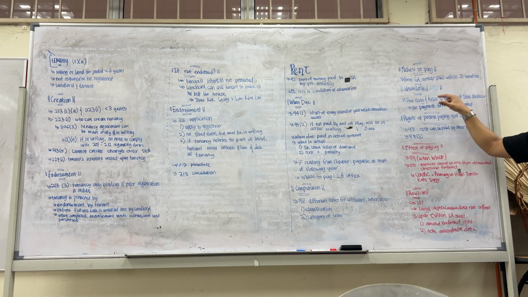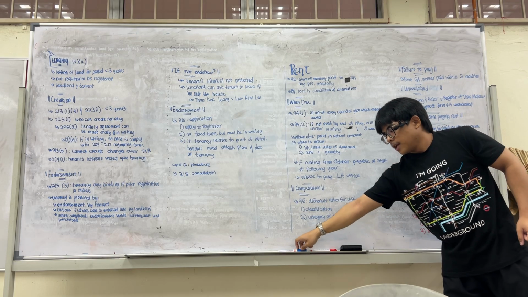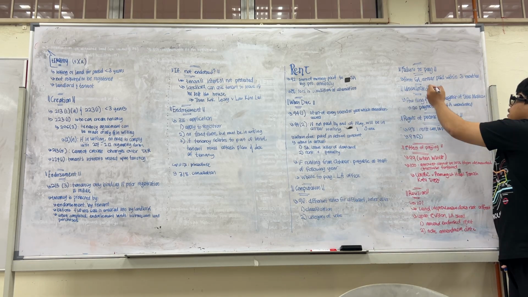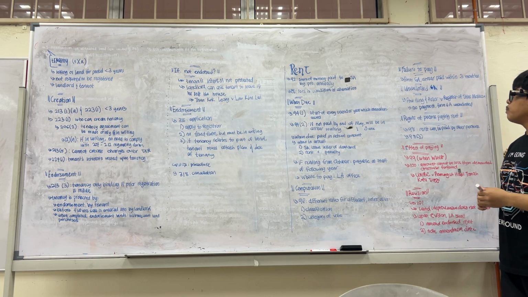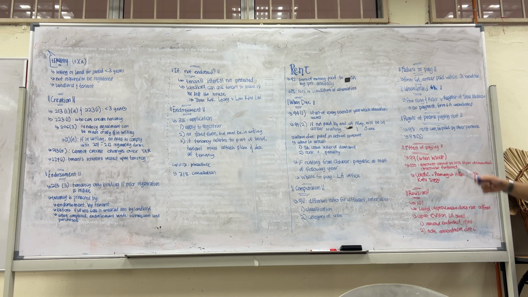What if the form is not endorsed? What if they issue an unendorsed 6A? We see in the case of Pounding and another against the Register of Titles Malacca, if Form 6A is not endorsed, you as a proprietor need not pay anything because it is unendorsed. The form needs to be endorsed to be issued to you.